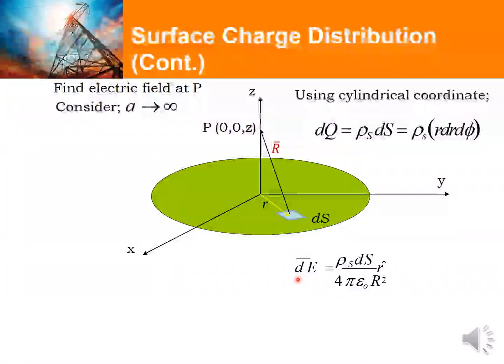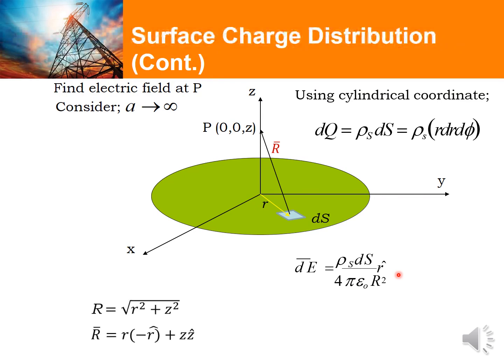Based on Coulomb's law, we will have this relation of electric field determined based on dq divided by 4 pi epsilon naught R squared. For the cylindrical coordinate system shown in the illustration, the R vector would be equivalent to r in the negative r unit vector, since it is going inwards toward the origin, plus z in the z unit vector direction.